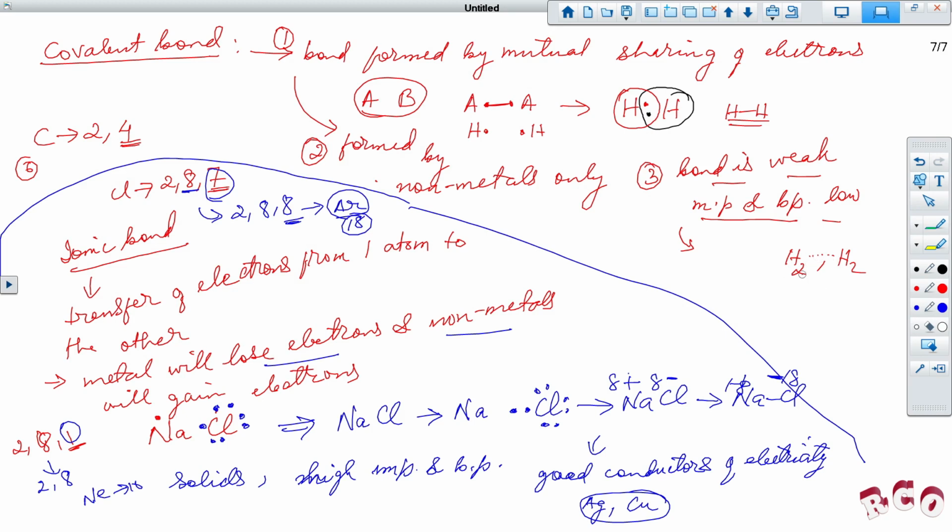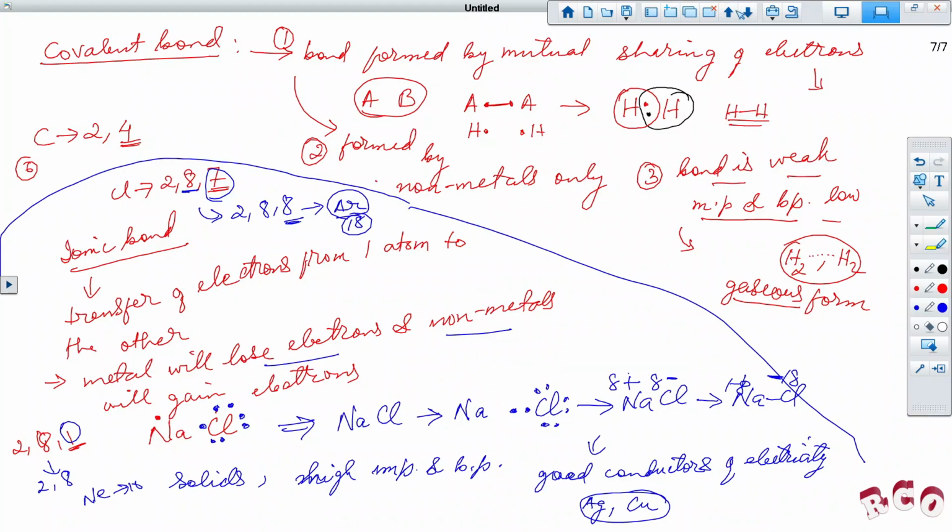Intermolecular forces of attraction are weak, so they cannot hold together. That is why they will exist in the gaseous form. So most covalent compounds are gaseous in nature. So what are covalent compounds? Compounds formed by the mutual sharing of electrons.